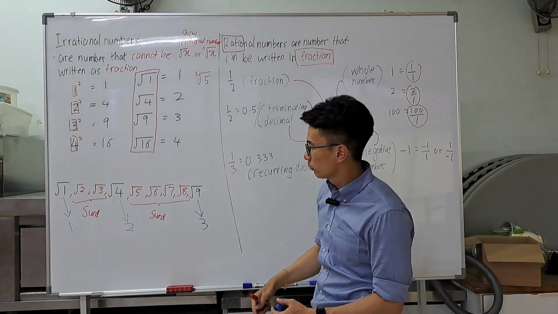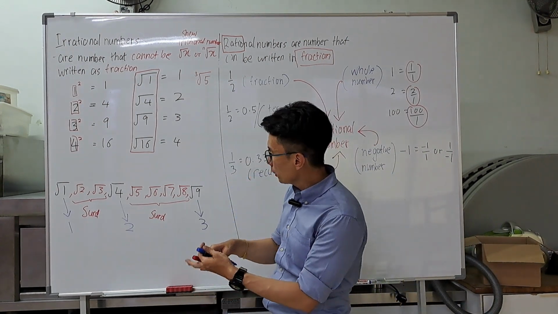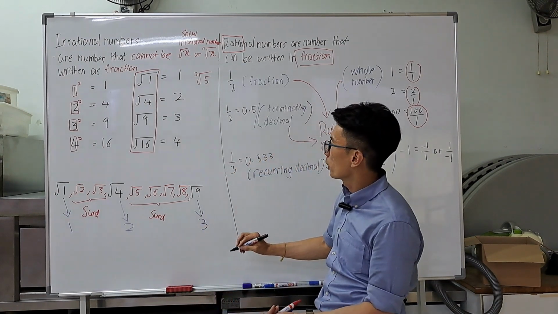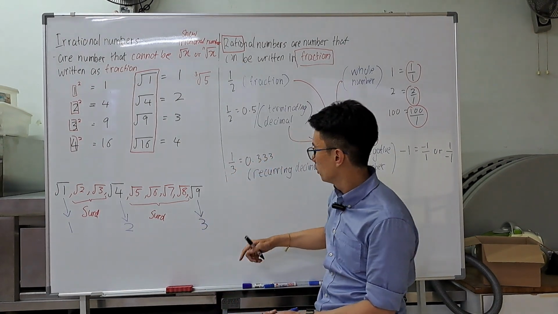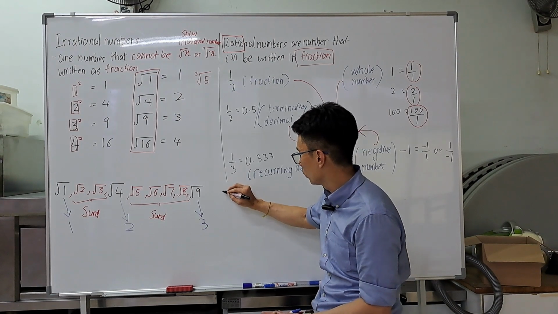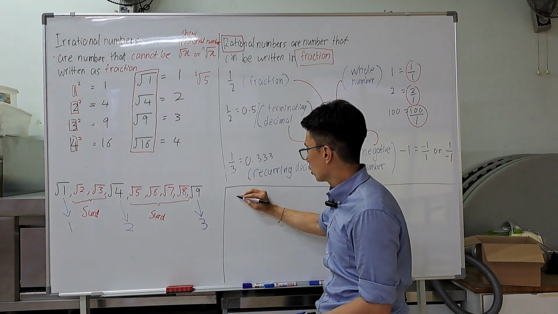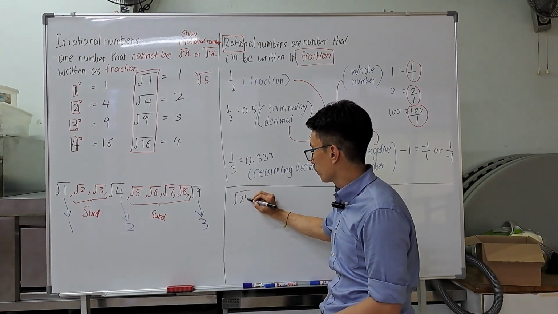Now, more examples. Let's say I have the square root of 25.